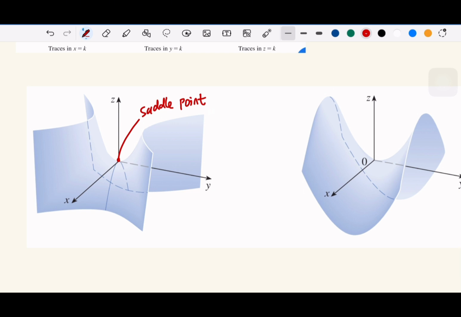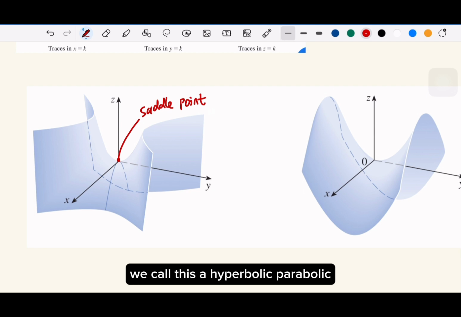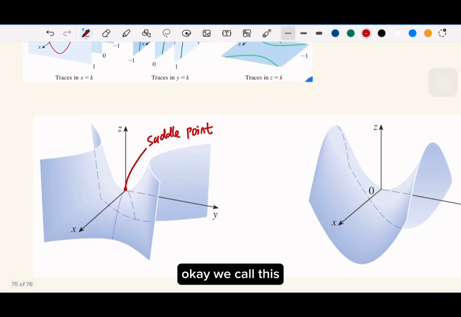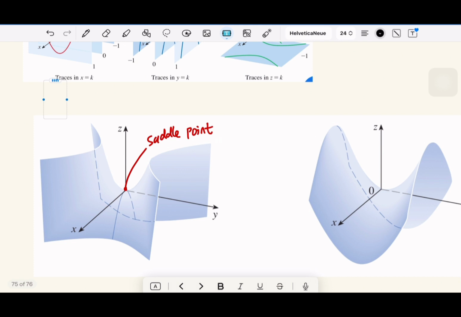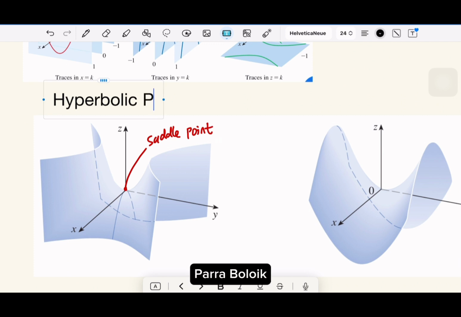Okay. So this we call a hyperbolic paraboloid.